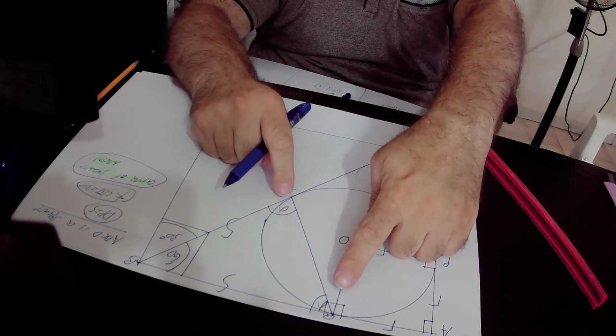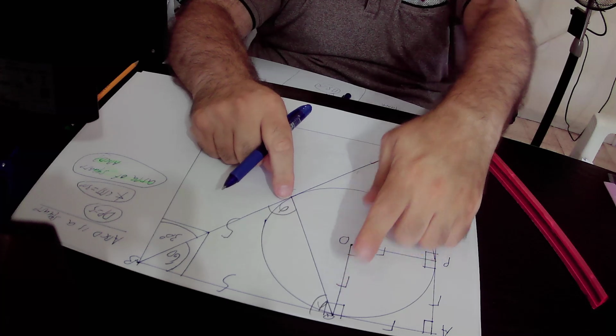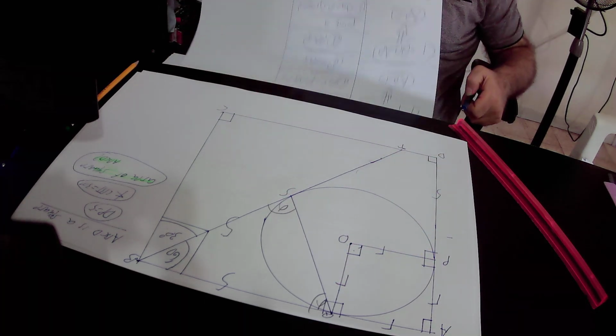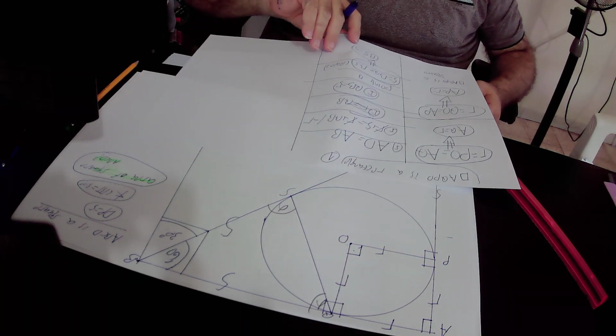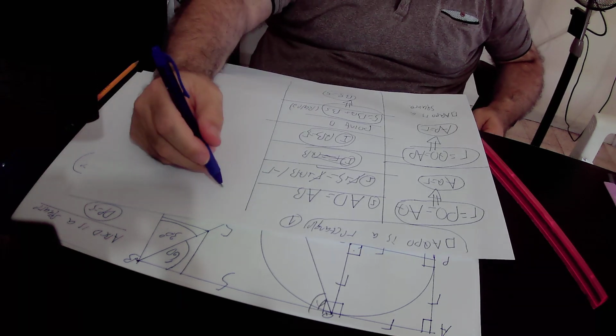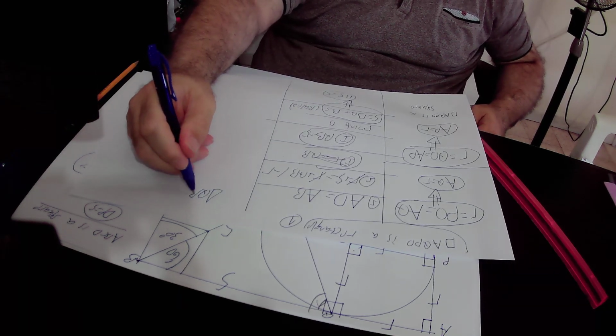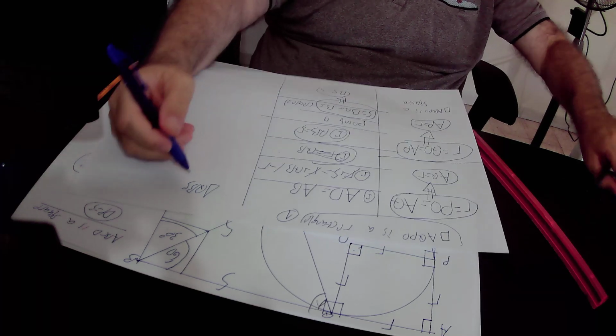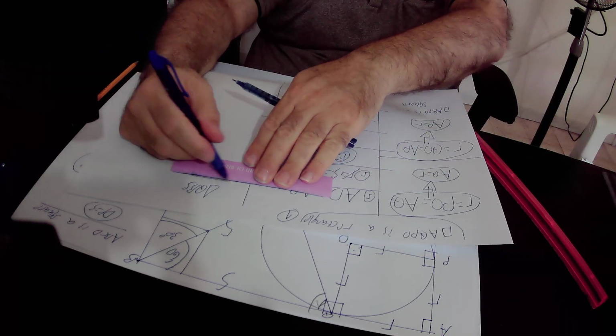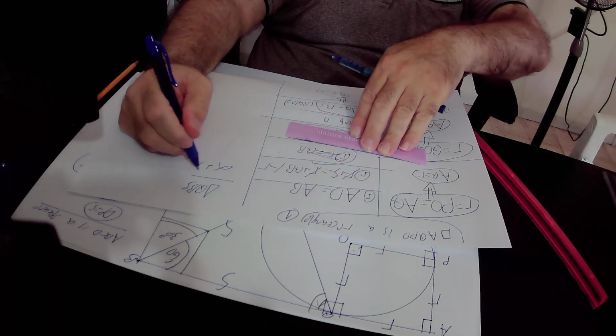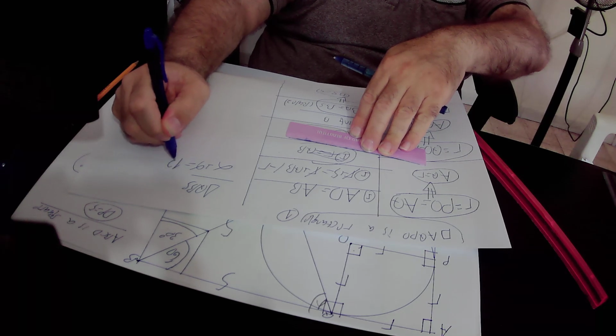That is to say, in triangle QBS, alpha plus alpha equals 120 degrees.